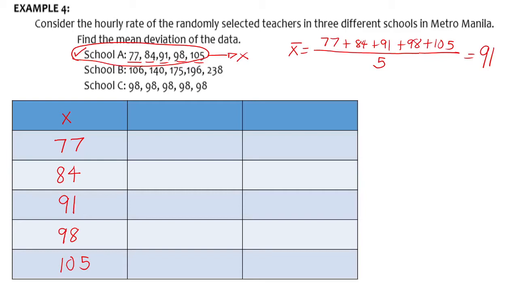So what you're going to do next is simply this. The second column is simply the score minus the mean. Okay? So we have here 77 minus 91, 84 minus 91, 91 minus 91, 98 minus 91, 105 minus 91. Okay, what is 77 minus 91?